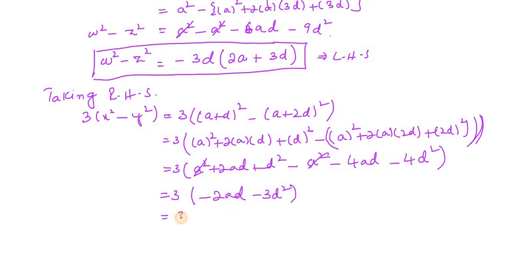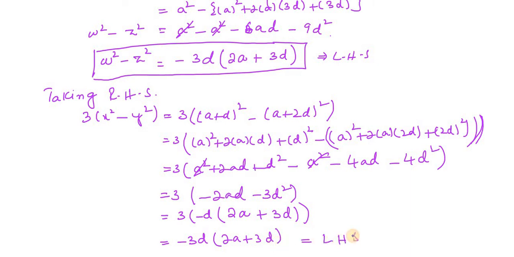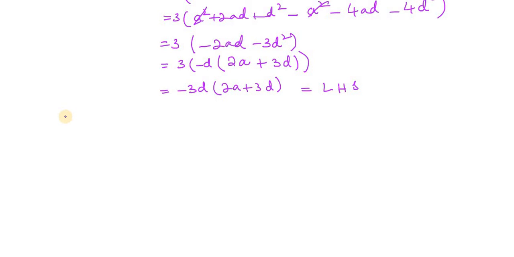We take minus D as a common, for making it the same as the left hand side. So here minus D times (2A plus 3D)... which is equal to the left hand side. Hence, it is proved that W square minus Z square is equal to 3 times of X square minus Y square.